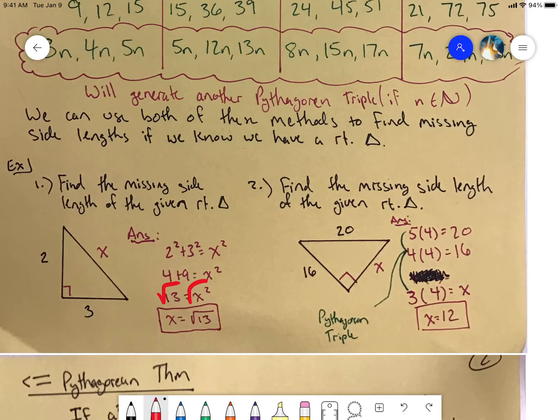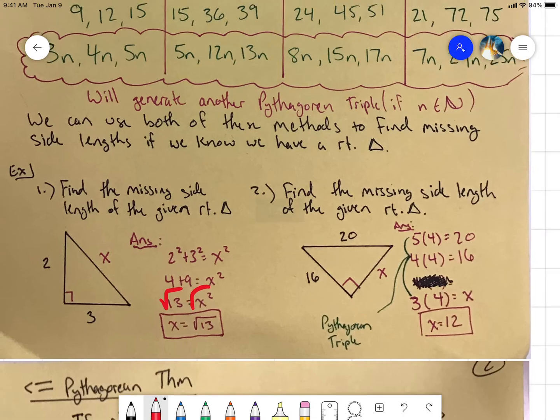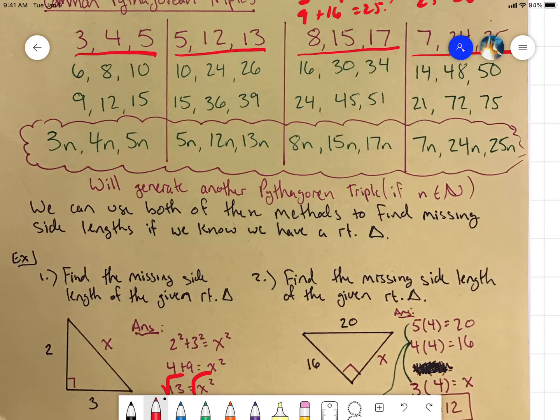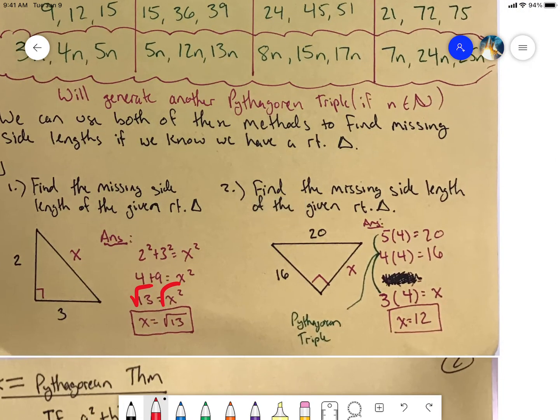Another way that we can look at it is we have 16, x, and 20, so we're missing one of the legs. Looking back at my Pythagorean triples, I have 16, x, and 20. We can see that, hey, 5 times 4 is 20, 4 times 4 is 16.